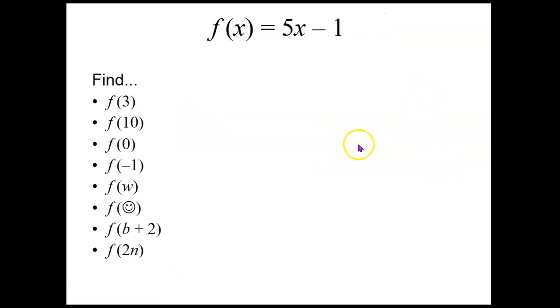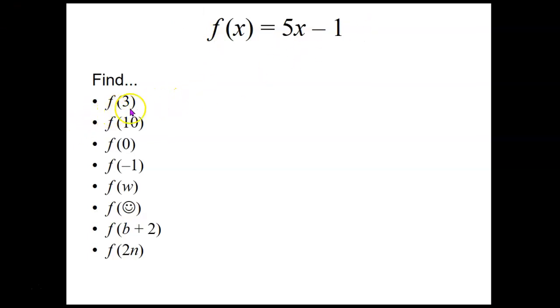Let's practice some more function evaluation. So this function doesn't stand for anything in particular. It's just f of x equals 5x minus 1. This is a function that takes whatever you give it as the input and then gives you as the output 5 times that number minus 1.